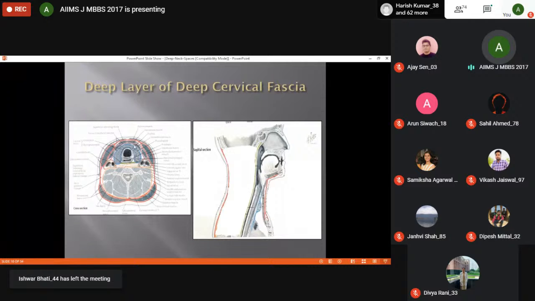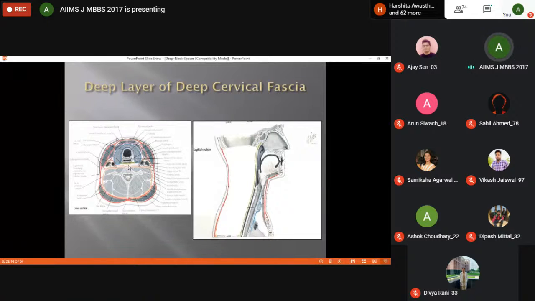But in reality, this is also a space, which I will discuss in detail in the next slides, from which infection can travel down to the thorax. And in between this alar layer and the esophagus, there is a space, that is the middle layer which covers the esophagus, and the alar layer.